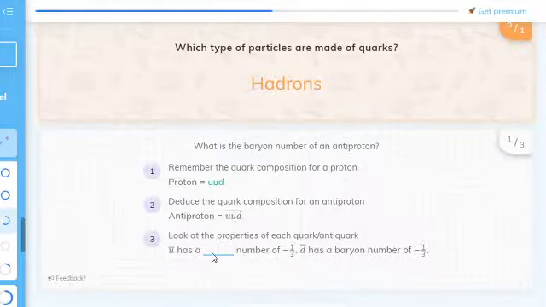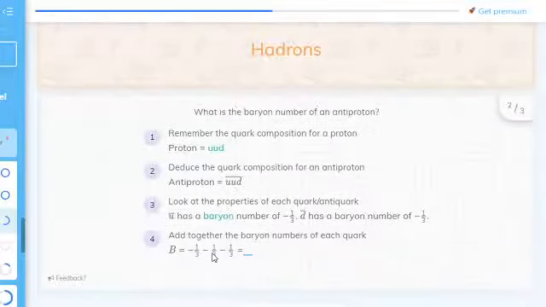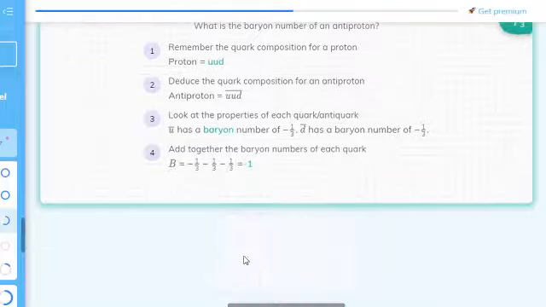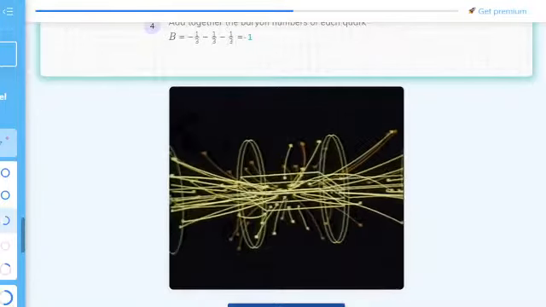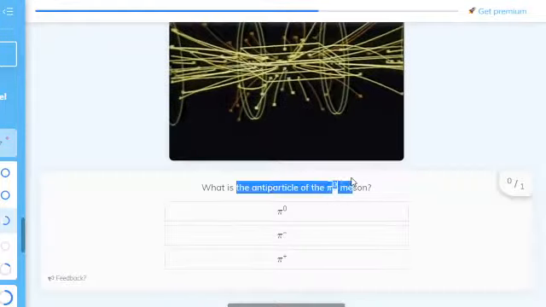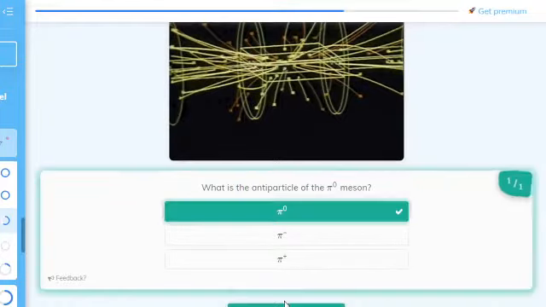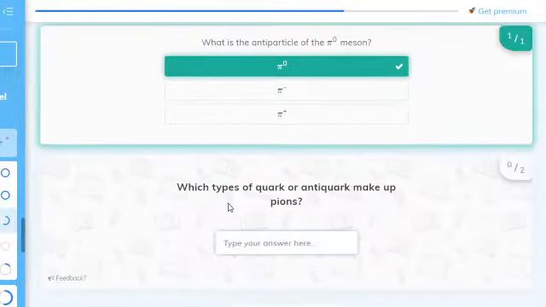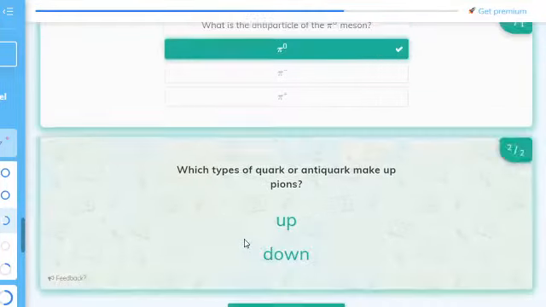Add them together and that gives -1. Quick maths. What's the antiparticle of a meson? It's literally itself. What type of quark and antiquark make up pions? Up and down.